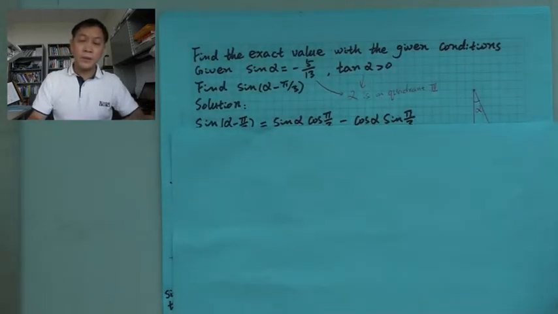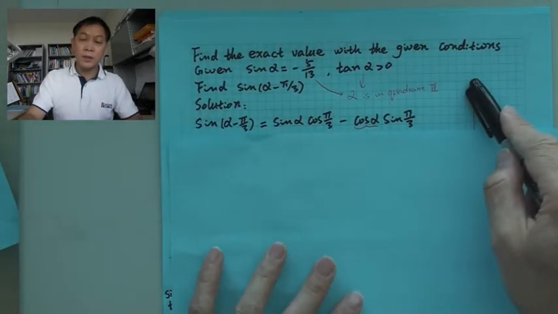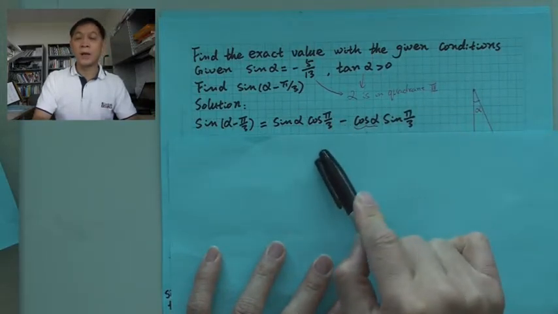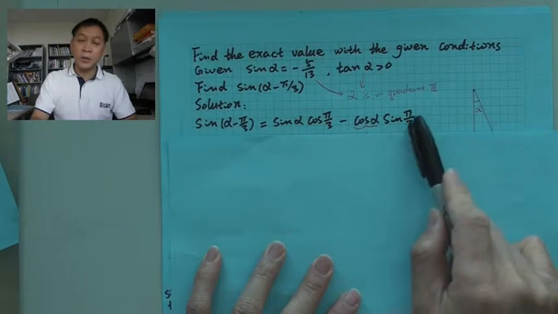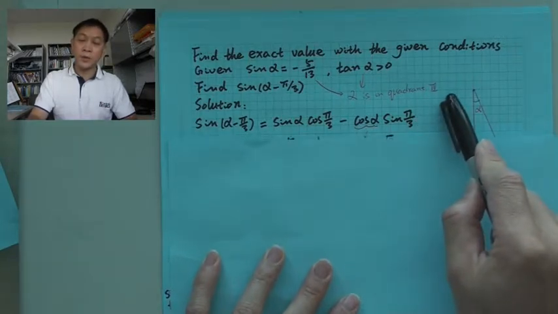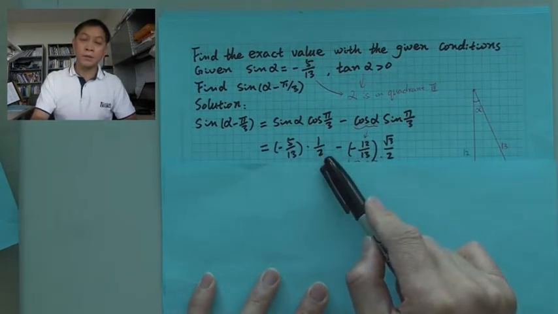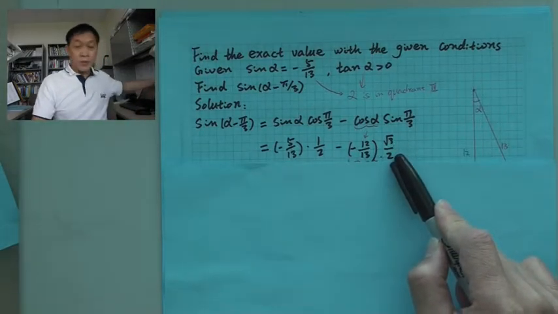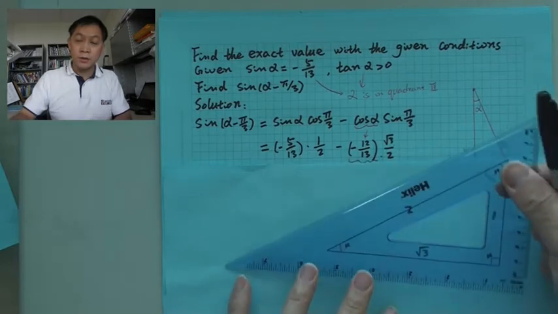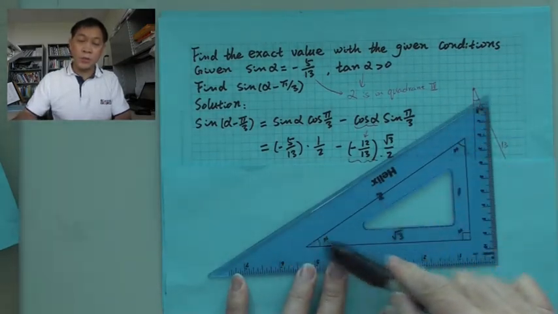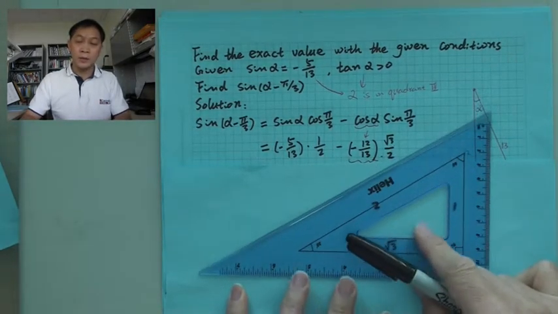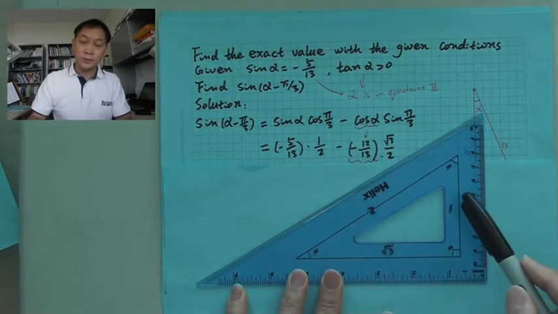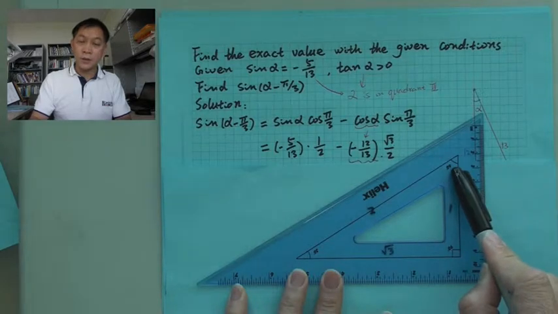Alright. So, down here we know cosine pi over 3 is just 1/2. Sine pi over 3 is radical 3 over 2. Again, this picture should be in our mind. 60 degrees, that's this angle.